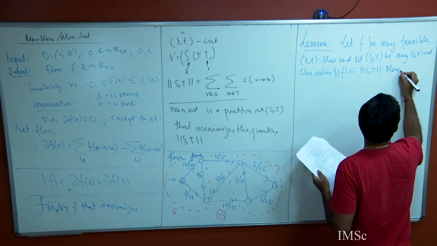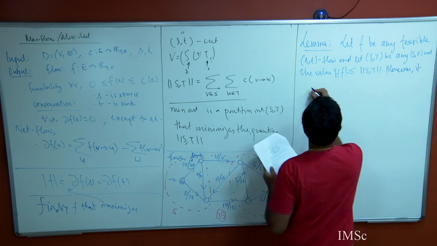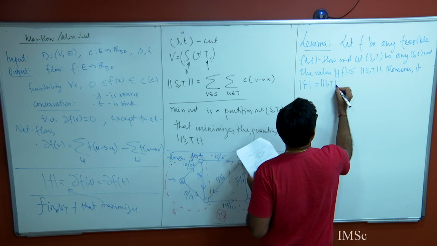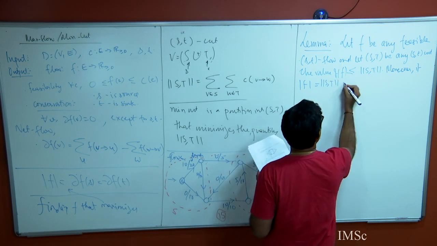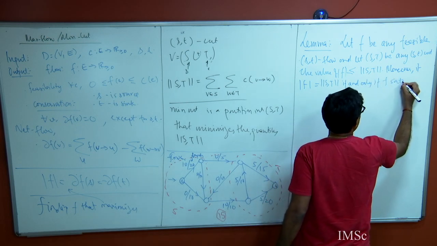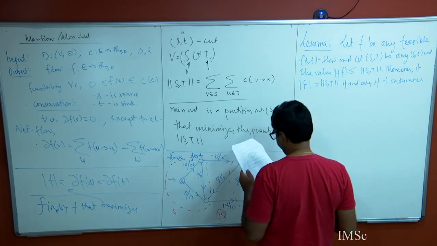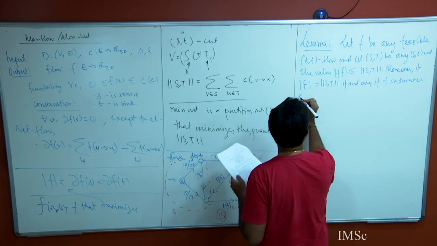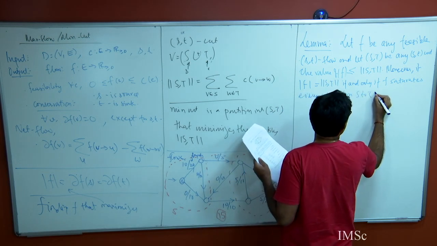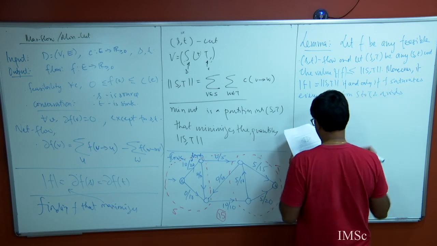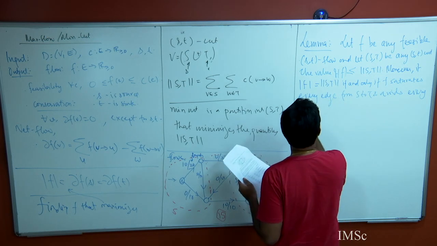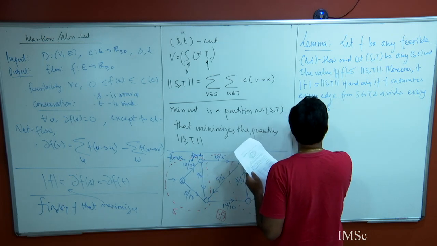Moreover, if this holds with equality, then something nice happens, if and only if F saturates every edge from S to T and avoids every edge from T to S. What is the meaning of this?